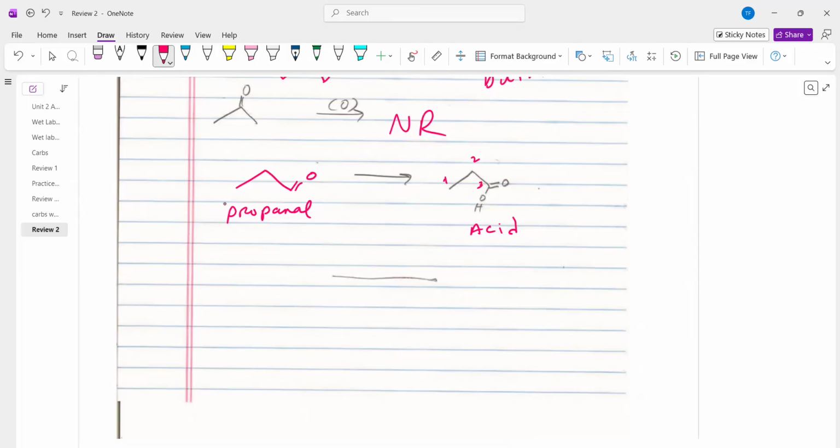A student asked about unit two, because there's a bunch of practice tests. Which one is the most applicable? The latest one, the 2019.